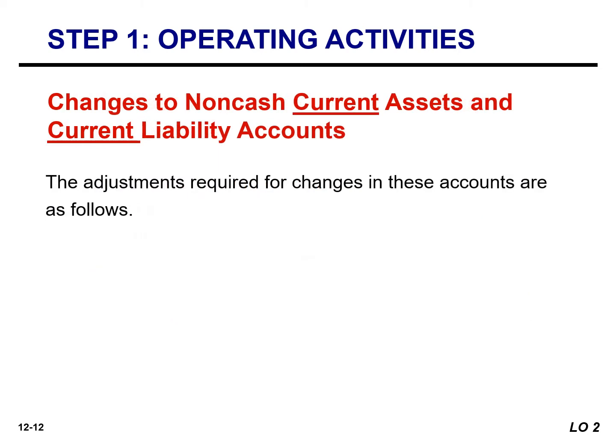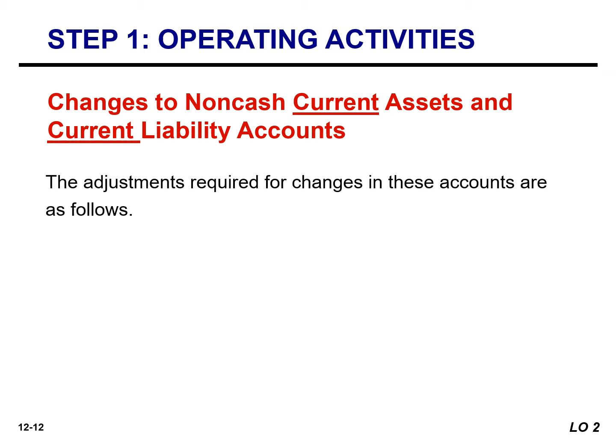The last step to reconcile net income to net cash provided by operating activities involves examining all changes in non-cash current assets, except for cash and short-term investments, as well as current liabilities accounts, except for any monies that are owed to a financial institution. The accrual accounting process records revenue when earned and expenses in the period incurred.